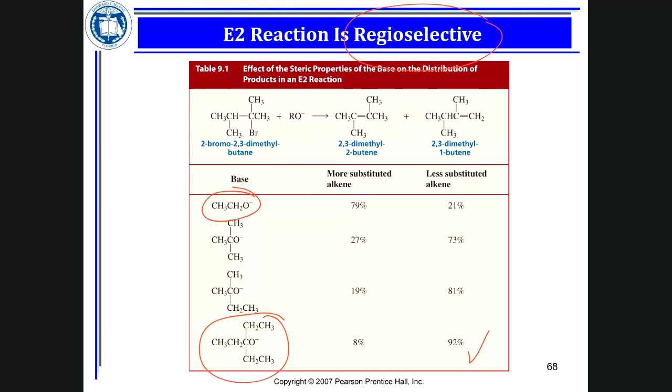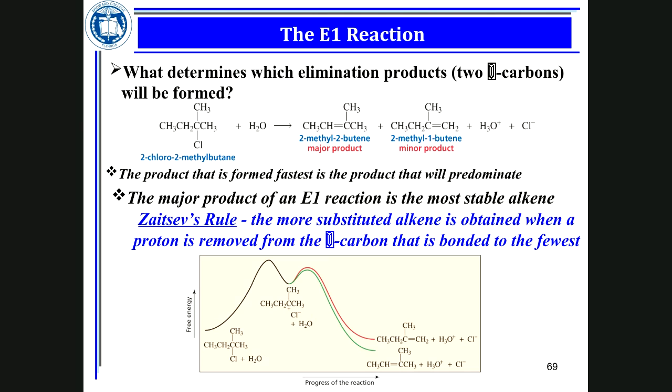The more bulky the base is, the less substituted the product is going to be. So when you have two choices, it depends on the base you are using. If you use an extremely bulky base, that's the only purpose, if you want to make sure that the product is the unsubstituted or less substituted product.